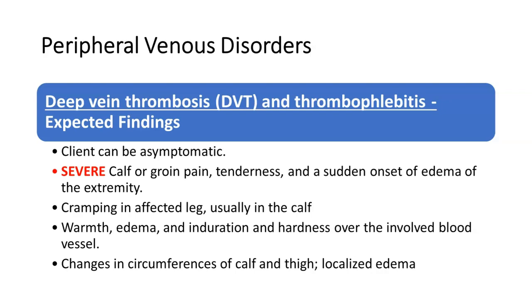You can have generalized cramping in the affected leg, usually in the calf. You'll have warmth, edema, induration, hardness over the blood vessel that is currently affected. And then we'll have changes in the circumference of the calf or thigh because of the localized edema.